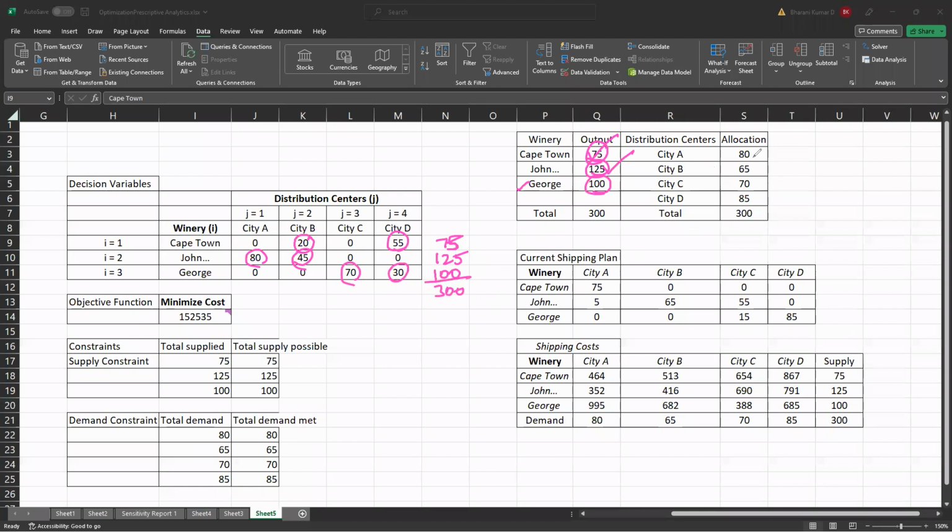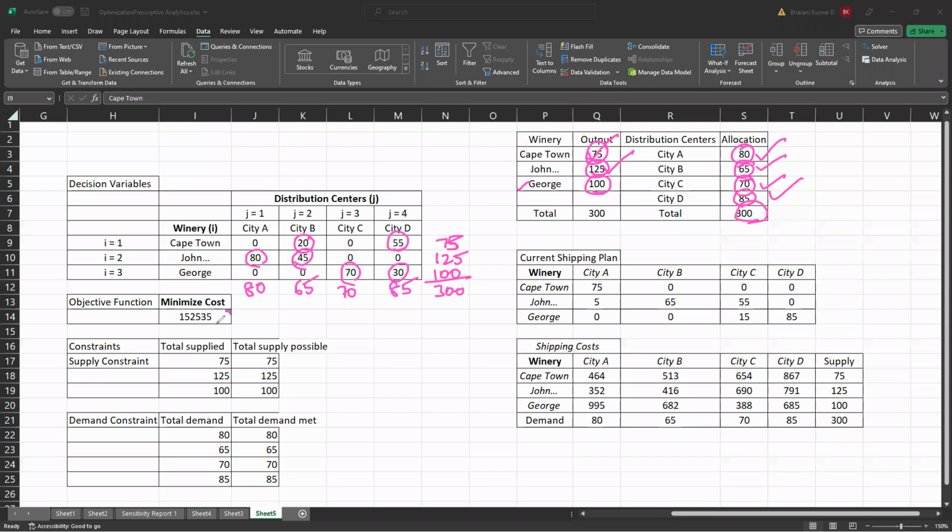Wonderful. Now let's see whether each city got the entire thing or not. City A should get 80. Did we get 80? Oh yeah, we got 80. Tick. City B should get 65. Did we get 65? Yes, 65. City C should get 70. Did we get 70? Yes. Tick mark. City D should get 85 liters. Did we get 85? Yes, 85. So entire 300 is achieved.